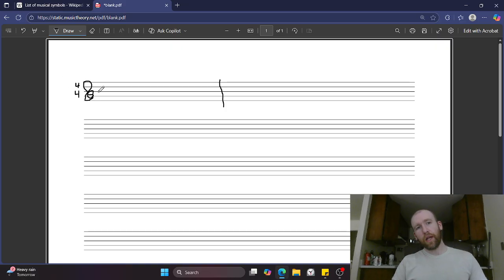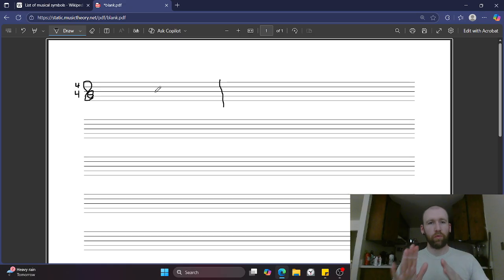In time signatures of 4/4 in the measure, not only does it mean that a measure is going to contain 4 quarter notes, but that literally means that this top number is the number of beats in here. And for each beat, you have a quarter note.